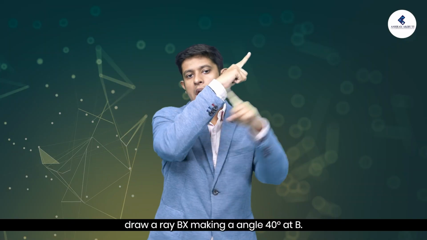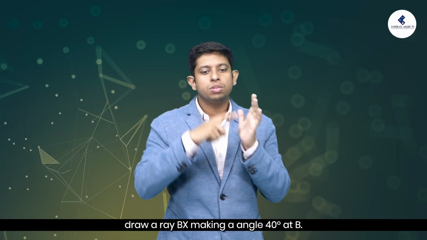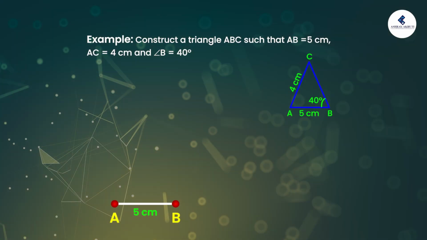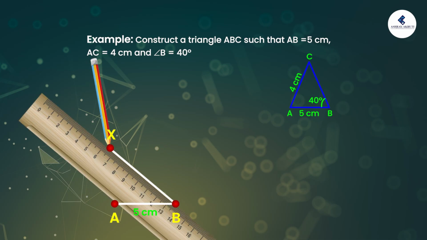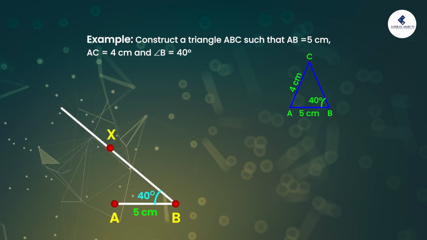Using protractor and ruler, draw a ray BX making an angle 40 degrees at B. Step 4.